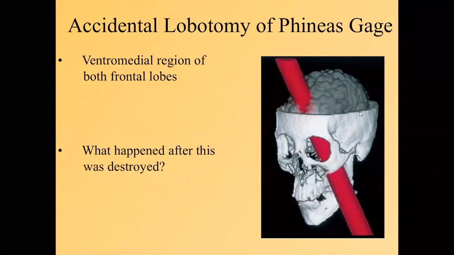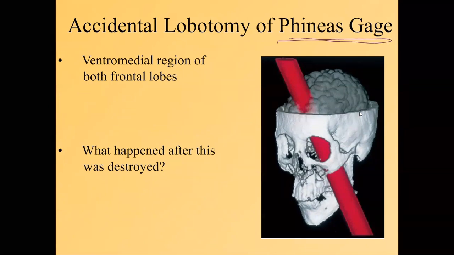Okay, so a lot of the things that they've learned about the brain and the function of the brain, they figured out because someone's damaged part of their brain. So one example of that that's been used a lot is the accidental lobotomy of Phineas Gage.